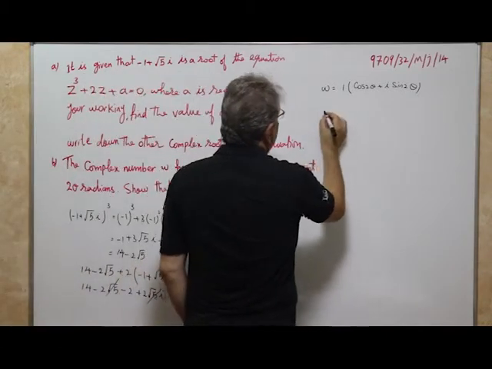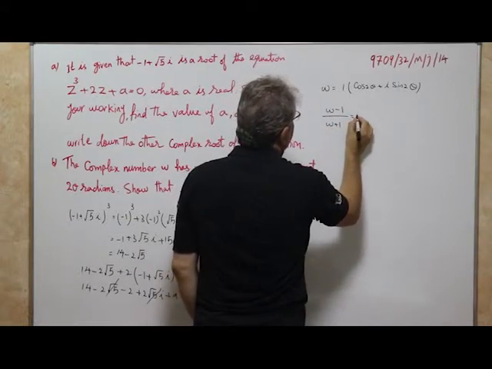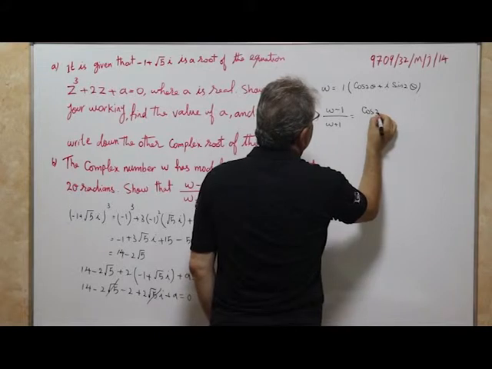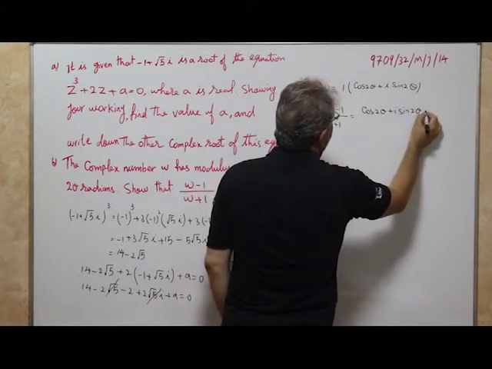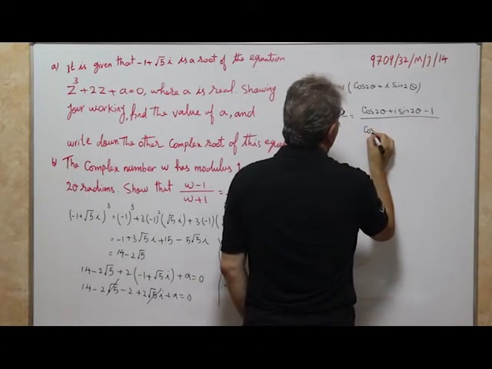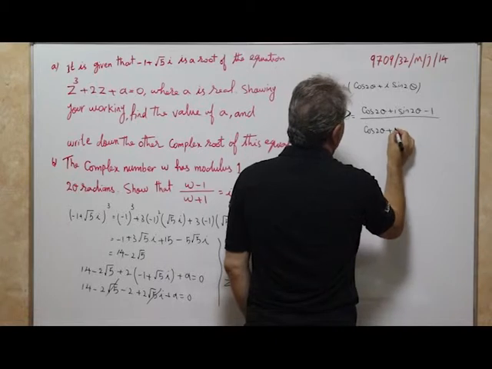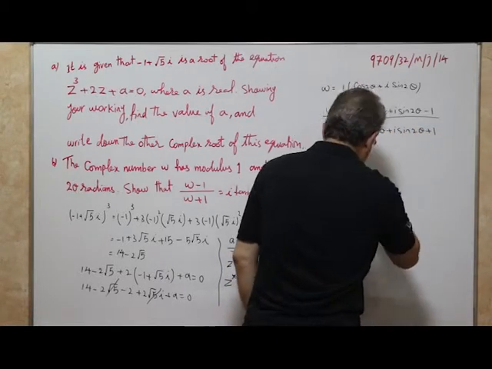Therefore, we are supposed to simplify (W minus 1) divided by (W plus 1). Therefore, here we are getting cos 2 theta plus i sin 2 theta minus 1, and here we are getting cos 2 theta plus i sin 2 theta plus 1.